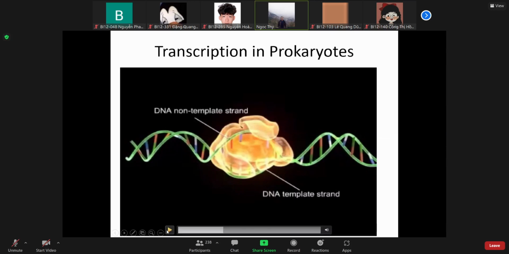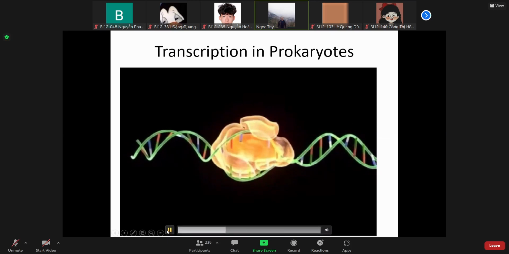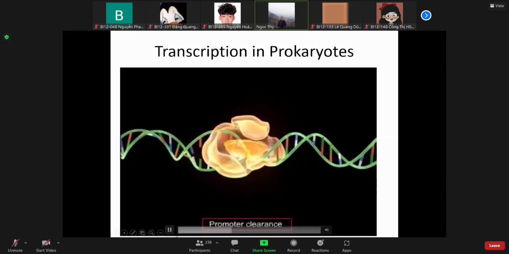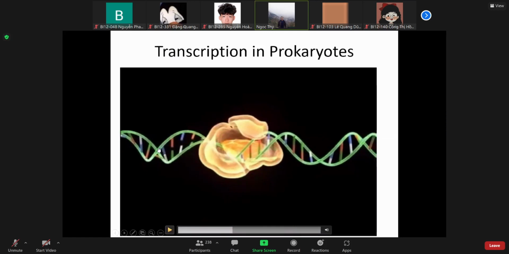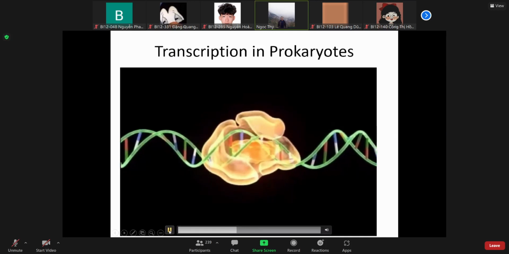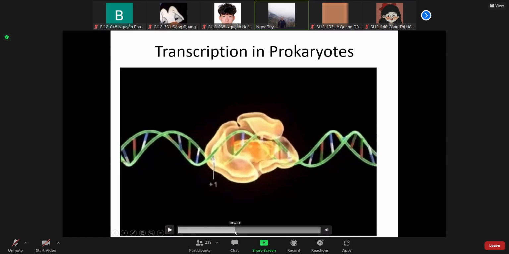The transcription factor binds in the promoter, but it does not start to synthesize the mRNA right there. It slides until it reaches position +1, the transcription starting site, and starts to synthesize the mRNA from this position.